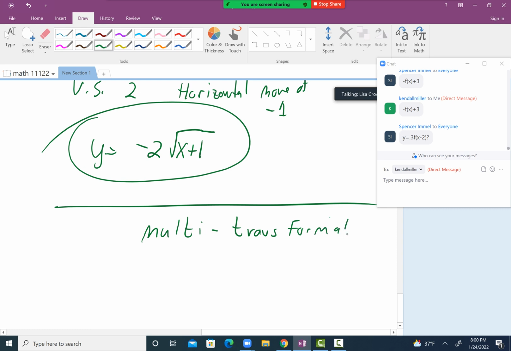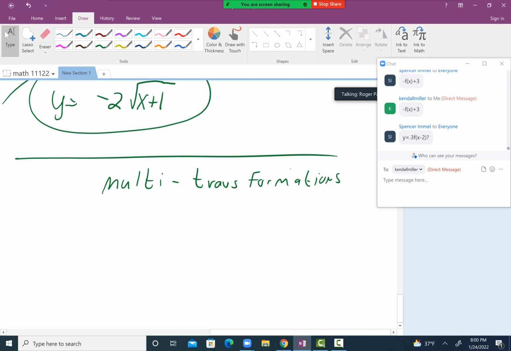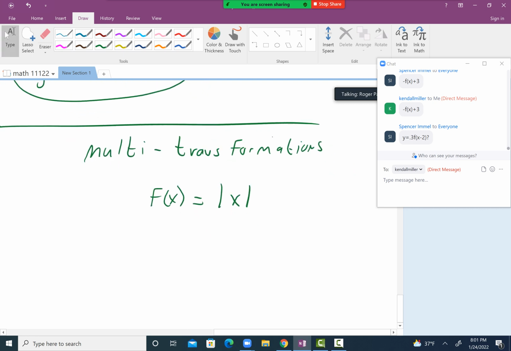Transformations. All right, so let's say that we have f of x equals the absolute value of x. And what I'm going to do is y equals -2 absolute value of x plus 3.